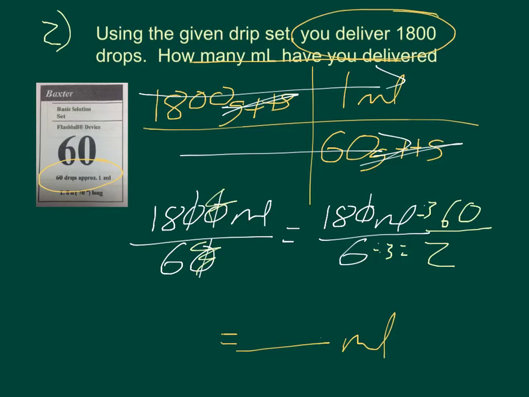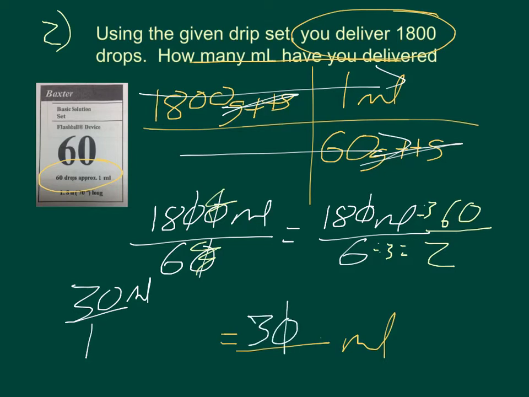So now I have 60 over 2. I can do it again. 60, I can do it by 2s, or I can easily do this in my head. What's half of 60? And that actually gives me my answer of 30 over 1, keeping that unit up there, which comes down to 30 milliliters.